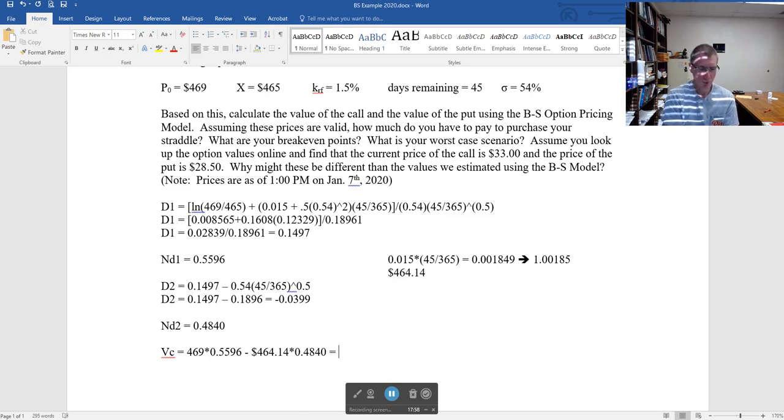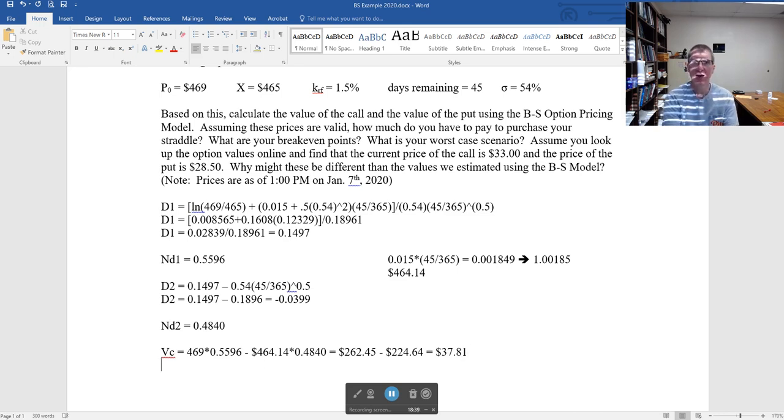That's going to give me 469 times 0.5596, $262.45, minus 464.14 times 0.4840, $224.64, and the value of the call then is $37.81.